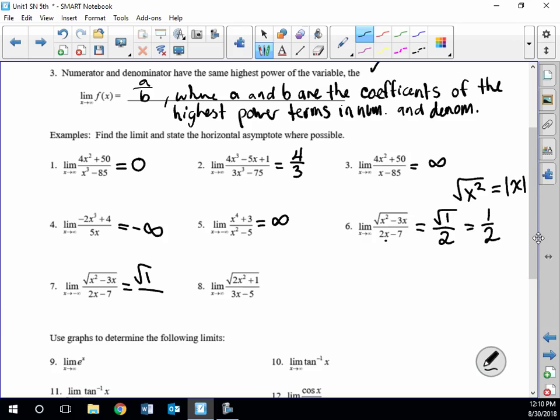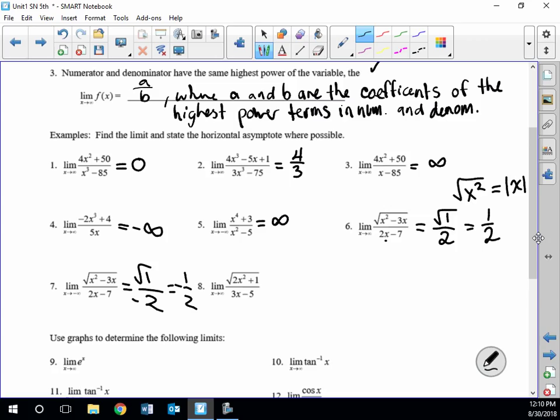So notice we're going to negative infinity, so that x in the denominator is actually going to be negative. So we want to put a negative 2 there because of the direction of x. So this is actually going to negative 1/2. Oh, that is the exact opposite of, that's the one that I was referring to. I didn't know that I put it up there.